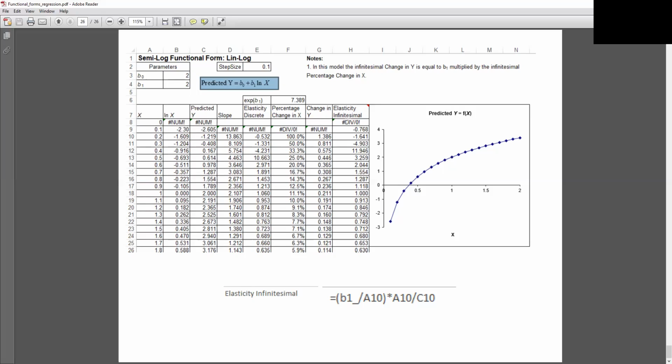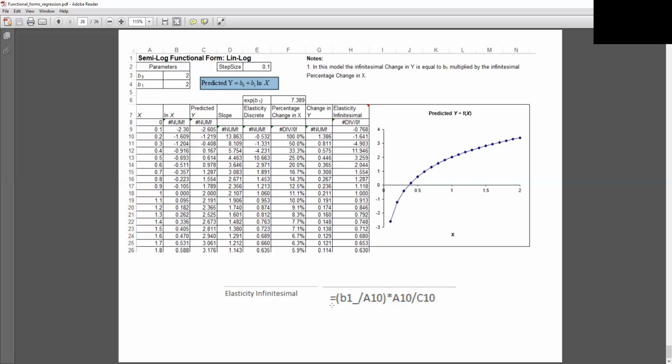Then we have elasticity infinitesimal, where we take beta 1 multiplied by the infinitesimal percentage change in x. When you multiply beta 1 by the percentage change in x, we get elasticity infinitesimal, or you can go for this formula.